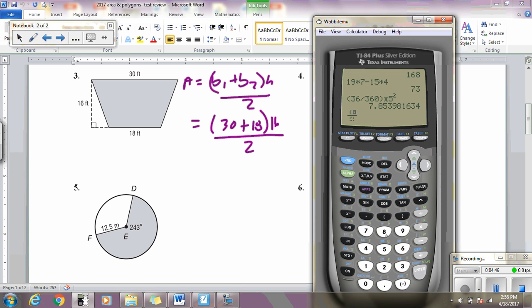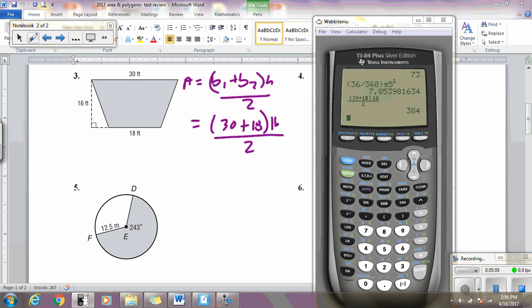Make sure you type it in carefully, putting the correct operation so that you get the correct answer. So our area is 384 feet squared.